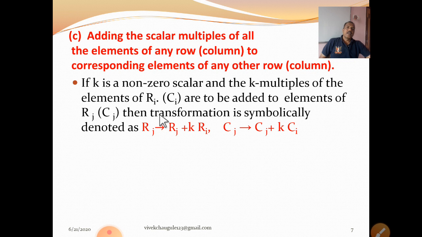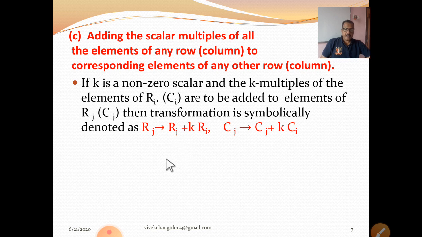Now see here, in general, if k is a non-zero scalar and k multiples of the elements of Ri are to be added to the elements of Rj, then the transformation is symbolically denoted by Rj changes to Rj plus k into Ri. That is, we multiply the ith row by k, and that multiple is added to the corresponding elements of the jth row.